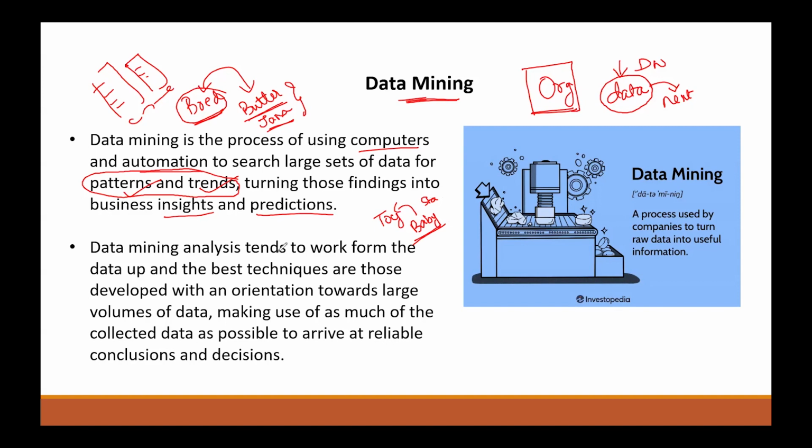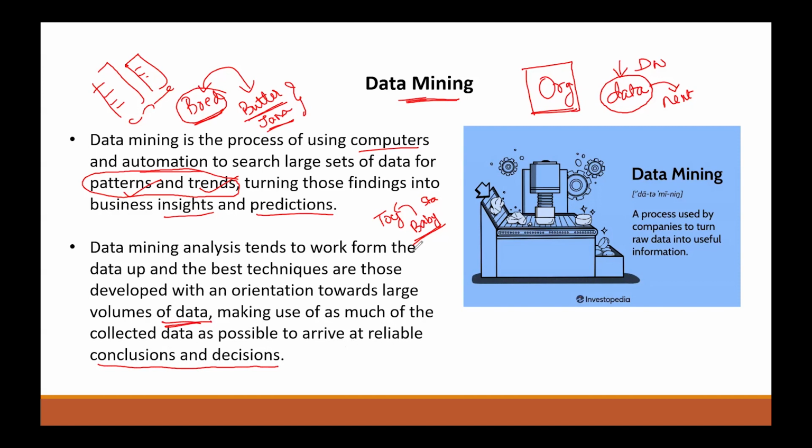Now, data mining analysis tends to work from the data up, and the best techniques are those developed with an orientation towards large volumes of data, making use of as much of the collected data as possible to arrive at reliable conclusions and decisions. Okay, so this is what we were talking about.